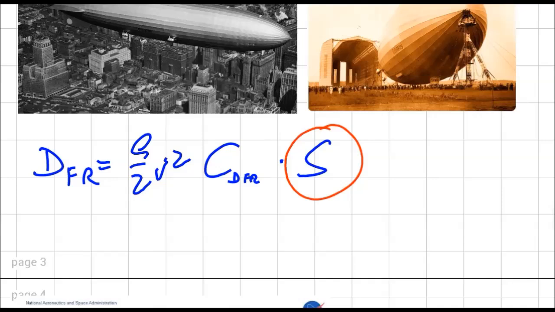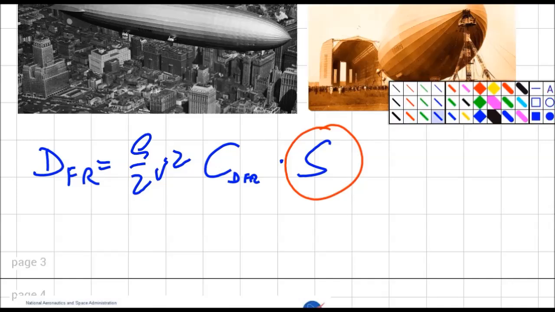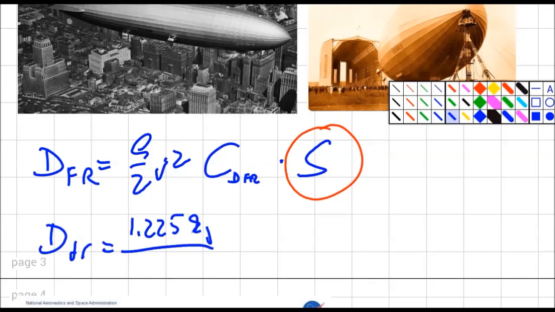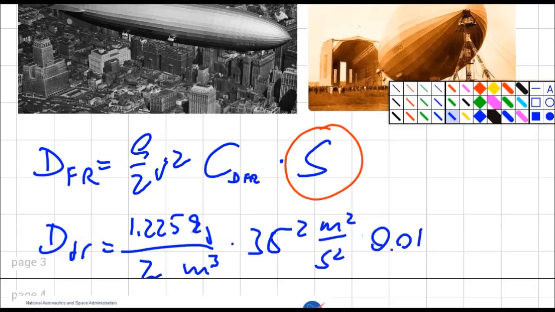So we can say our skin friction drag is ρ/2, 1.225 kilogram over cubic meter divided by 2, times the speed of this vessel, which was 125 kilometers per hour. That makes it roughly 35 meters per second, 35 meters squared over second squared. The coefficient of skin friction was about 0.015.